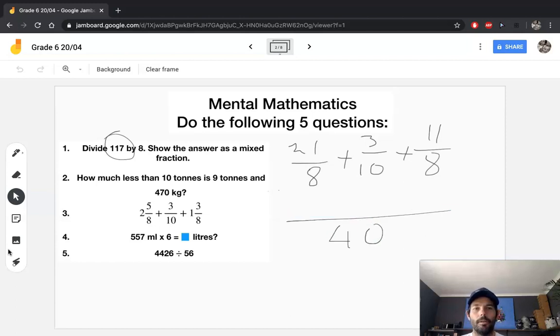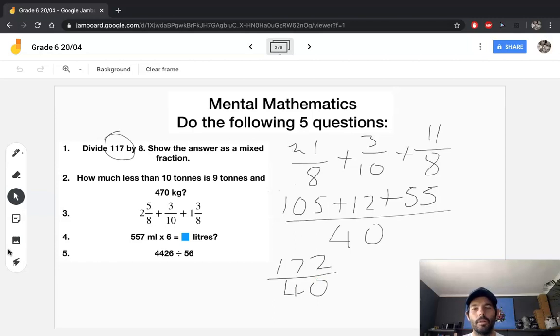All right. 8 goes into 40 5 times, so 21 times 5 is 105. 10 goes into 40 4 times, so 3 times 4 is 12. And 8 goes into 40 5 times, and 11 times 5 is 55. Yeah, then it's just a case of adding up the numerators, which gives me 172 over 40.